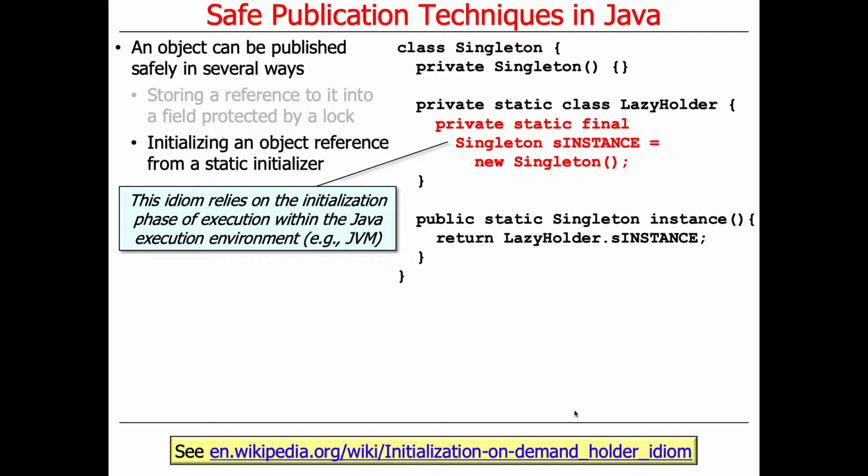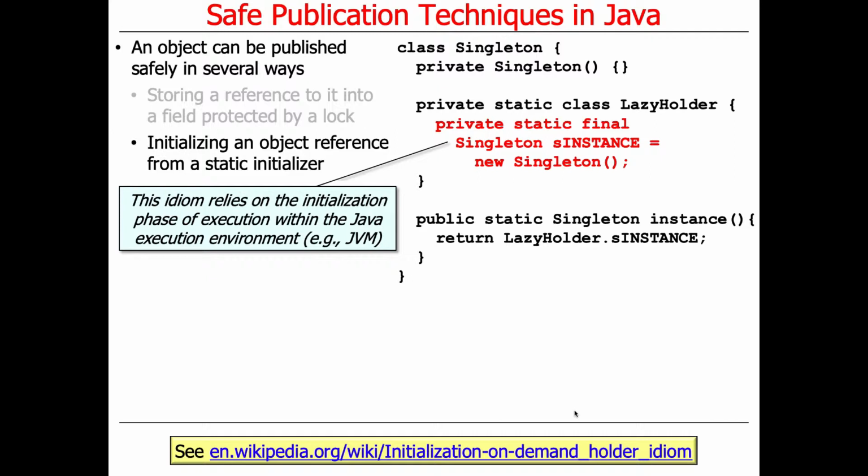This is more esoteric, but it does in fact work. What you do is you initialize the object reference from a static initializer. So here's our singleton class, which has a private constructor, and it's got a public singleton method. And what it does is it creates a private static class called lazyHolder.